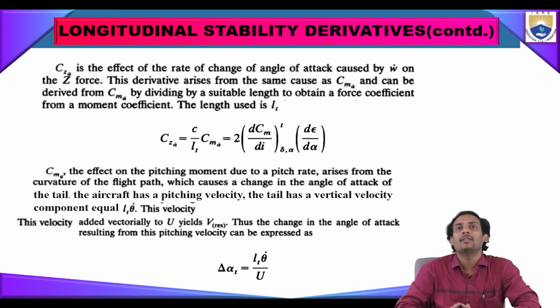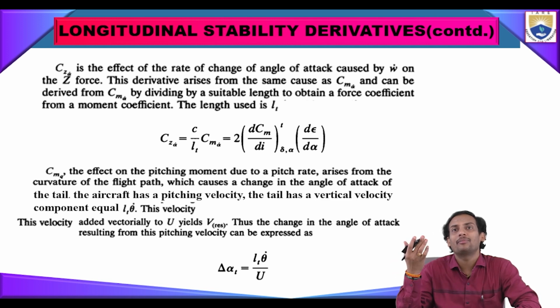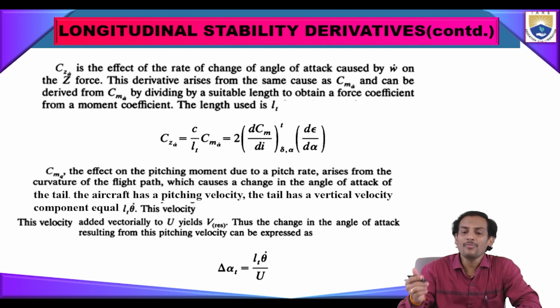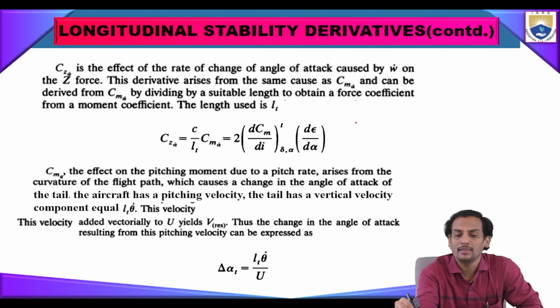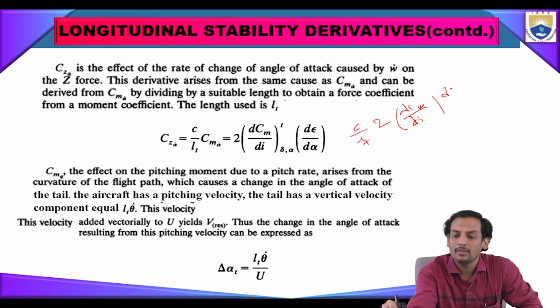If you substitute on that, Cz alpha dot will be c by lt into Cm alpha dot. So if you do again the Cm alpha dot from the previous thing, it will be c by lt into 2 into dCm by d-eye-t into d epsilon by d alpha into lt by c. This c by lt we already got, no?